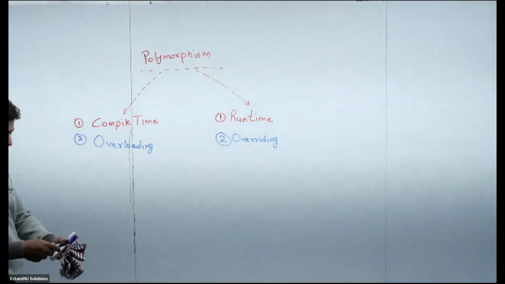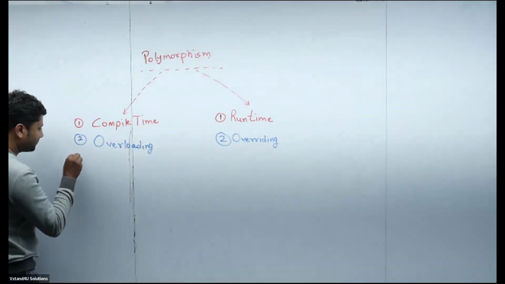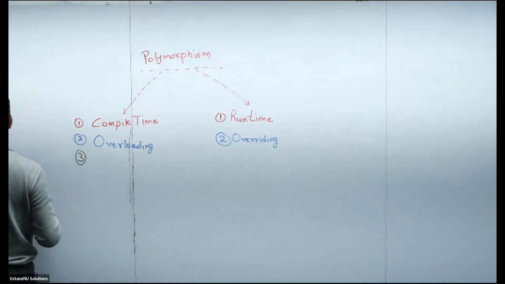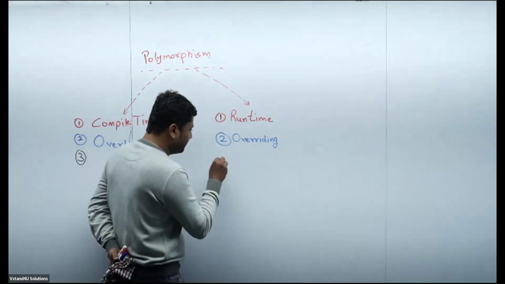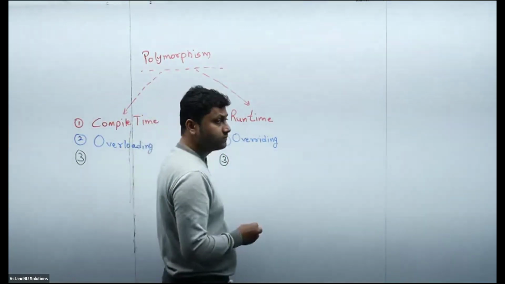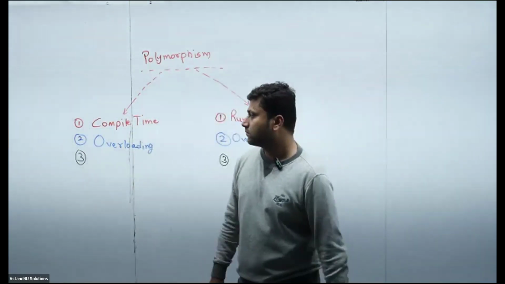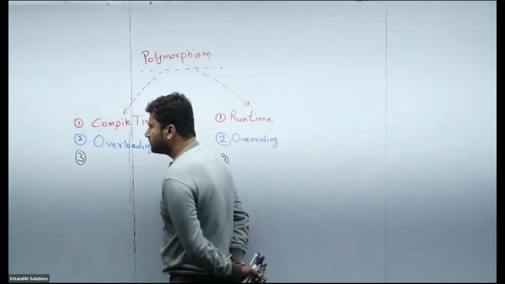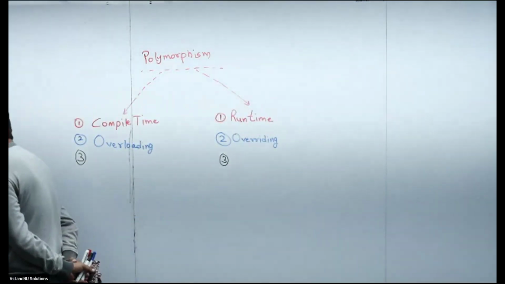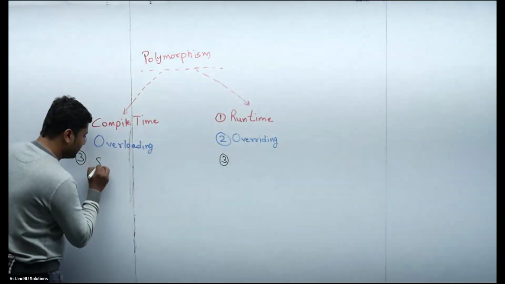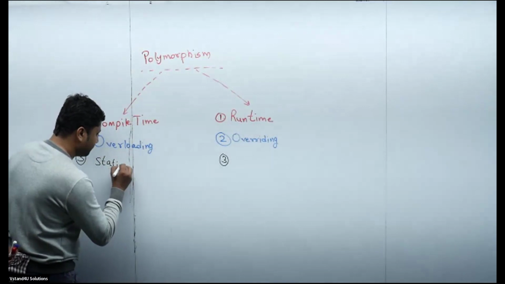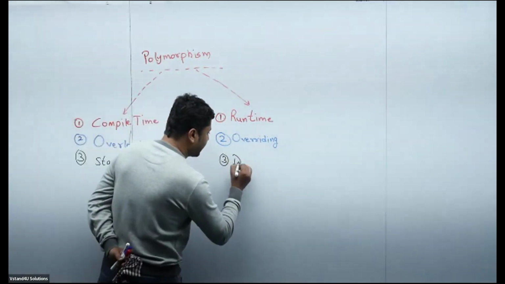Third type of name. Third type of name. Nishchita has responded. Bhavna has also said. One is called, very good, static or dynamic polymorphism.